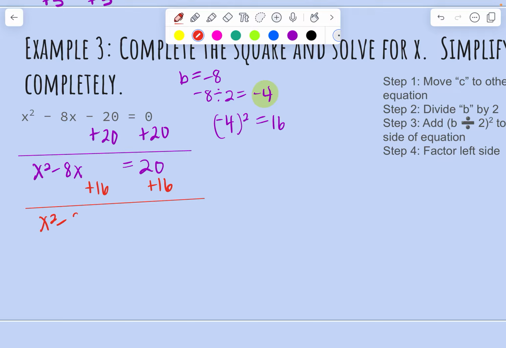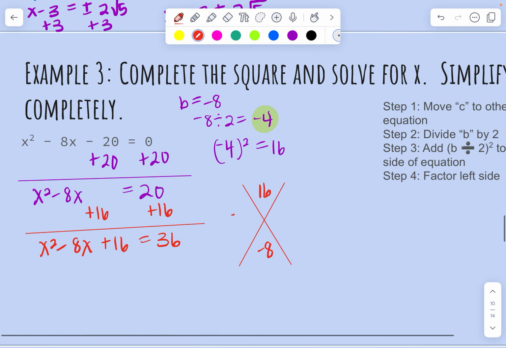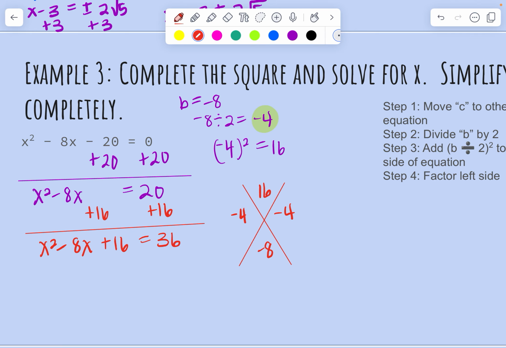Then I get x squared, take away 8x plus 16 is 36. So I'm looking for two numbers that are going to multiply to give me 16 and add to give me negative 8. Those numbers are negative 4 and negative 4.